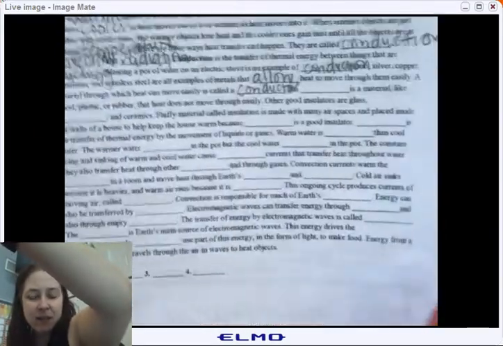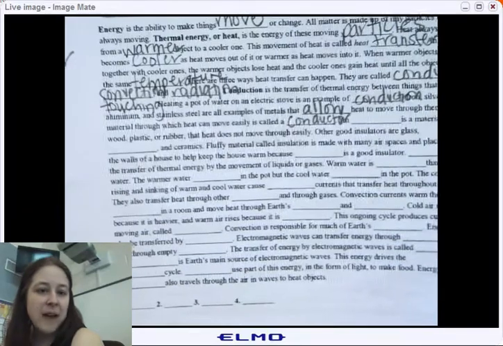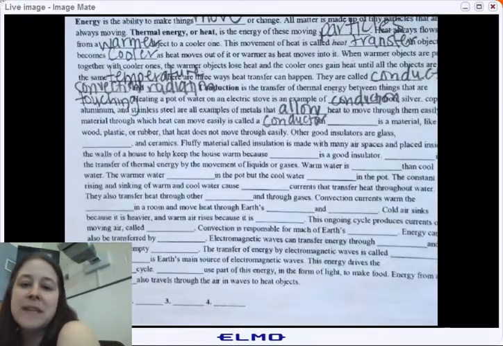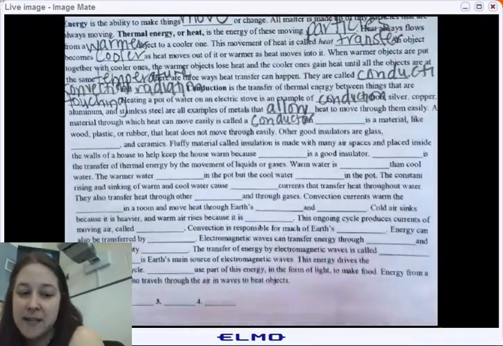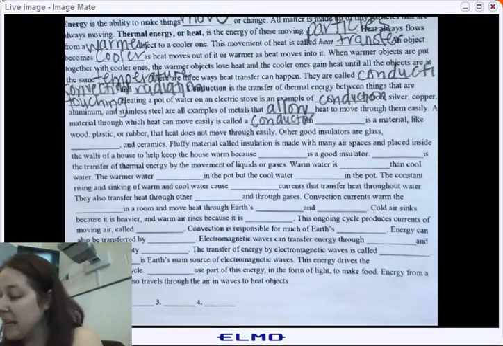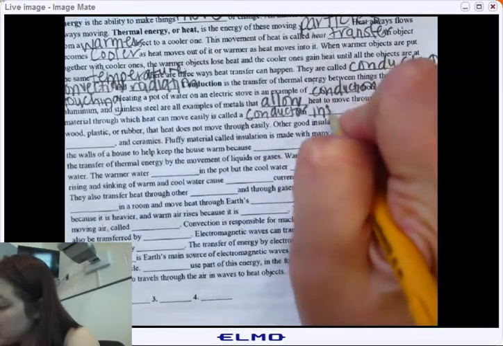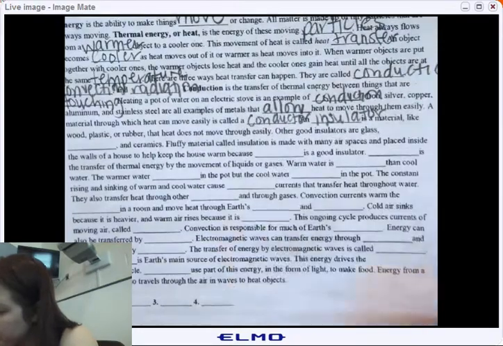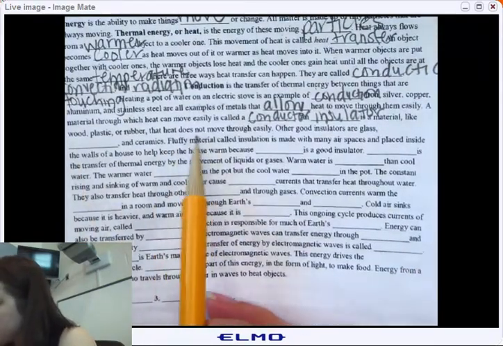Blank is a material like wood, plastic, or rubber that heat does not move through easily. So what is it? It is not a conductor, it's an insulator that does not move heat through easily.